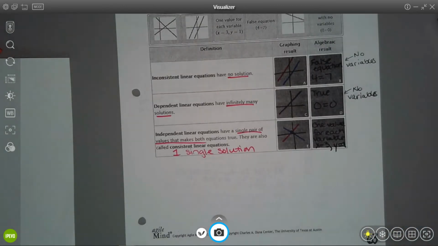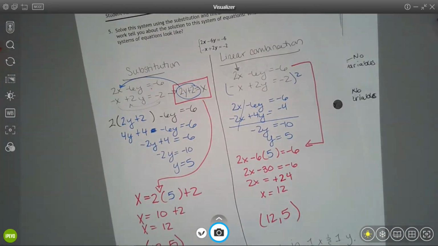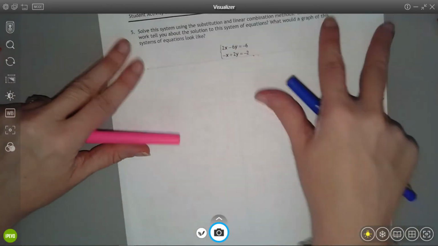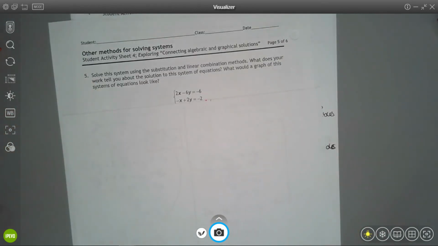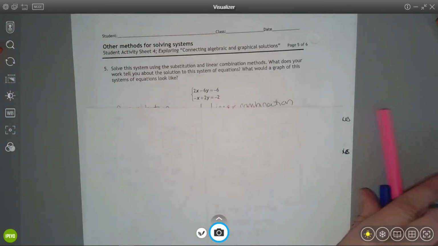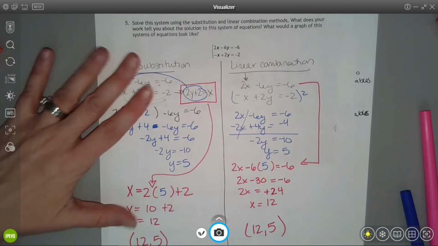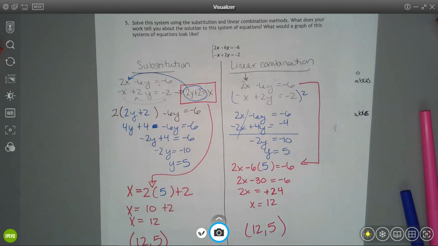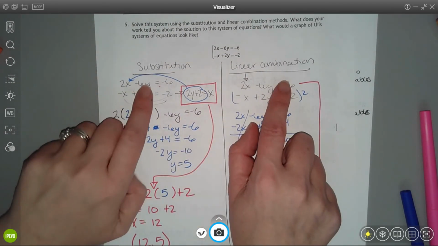And so then number 5 here, let's take a look at question 5. They want us to solve this system, and we're going to figure out what our solution tells us. So here's our equation. It doesn't matter if you use substitution or the linear combination.